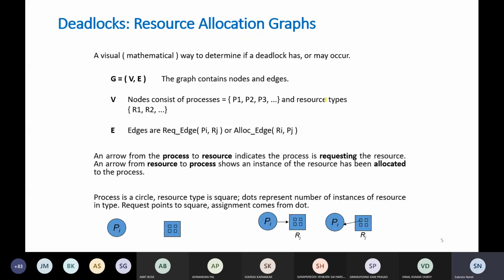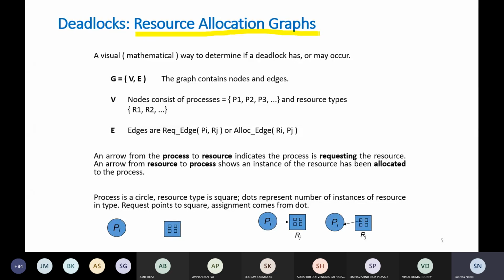Now, to understand and detect if a deadlock has occurred, when in the system there are multiple processes, say 4 or 5, competing for the resources, and there may be 3-4 types of resources with different numbers of units, to better visualize the situation, specifically the circular wait condition, we often use resource allocation graphs.